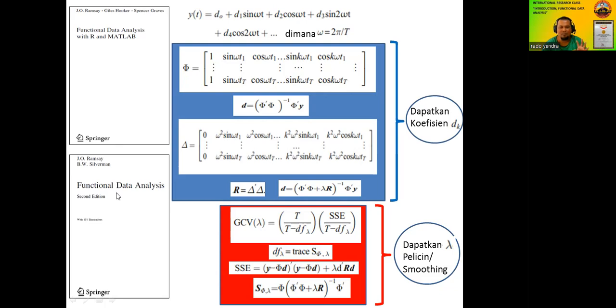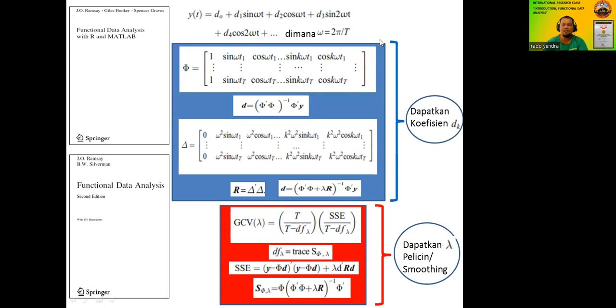The second book, Functional Data Analysis, is the theoretical book. If you combine these two books, you can very easily understand what functional data analysis is.